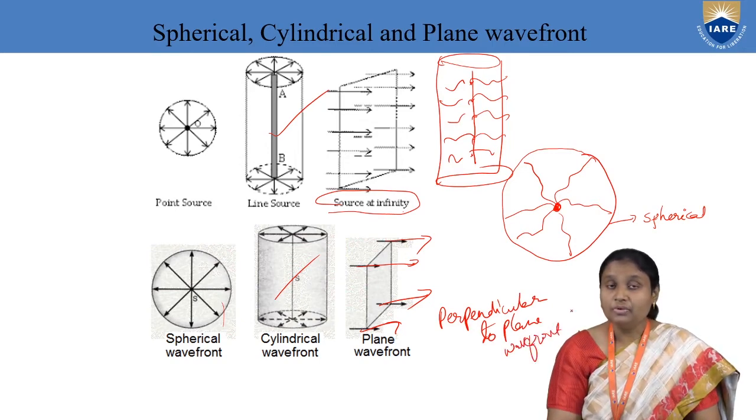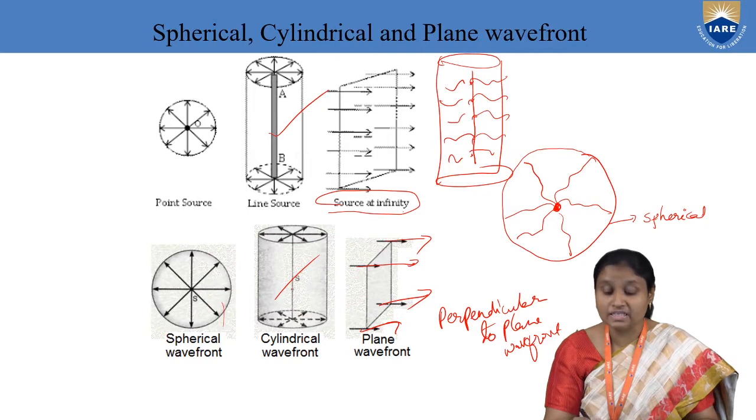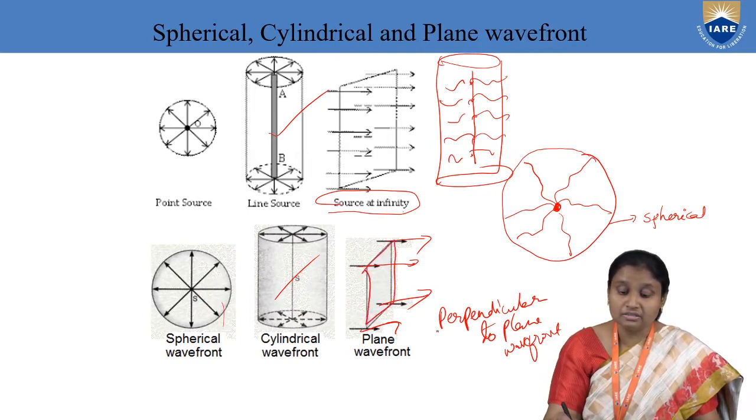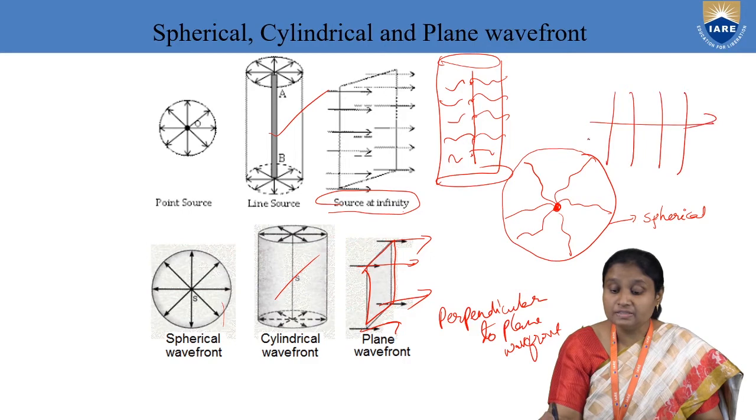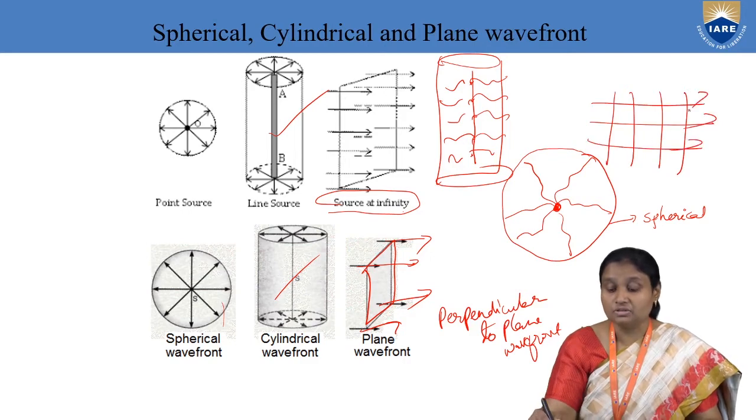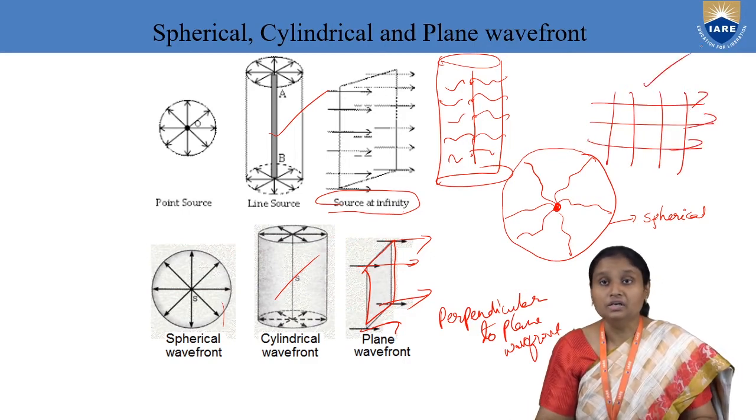When we keep our source at infinite distance, the portion of the spherical or cylindrical wavefront limited in a small region will give rise to this plane wavefront. How will we denote this plane wavefront? We'll denote it like this. This is our plane wavefront. And what is the direction of propagation of light? It is perpendicular to the plane wavefront. So this is the representation for the plane wavefront.